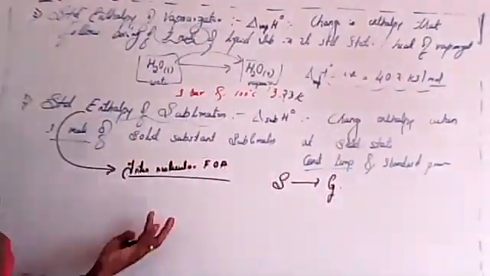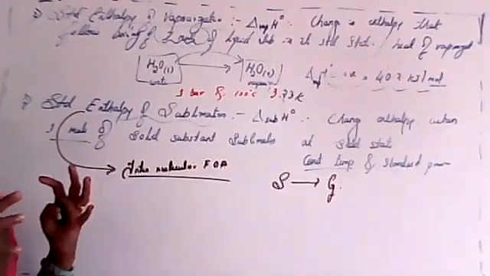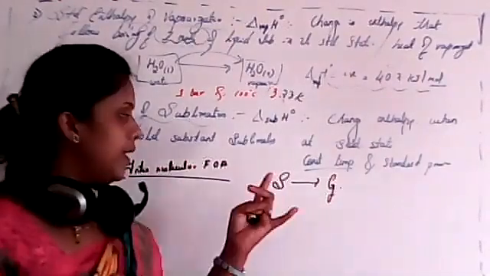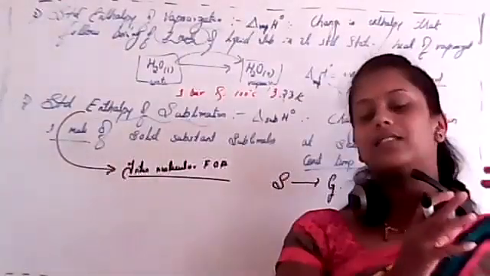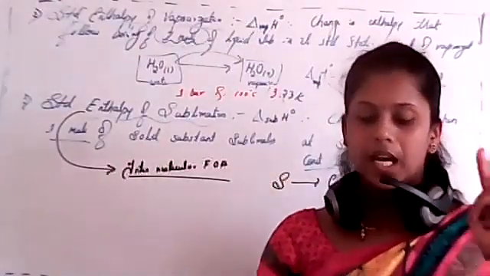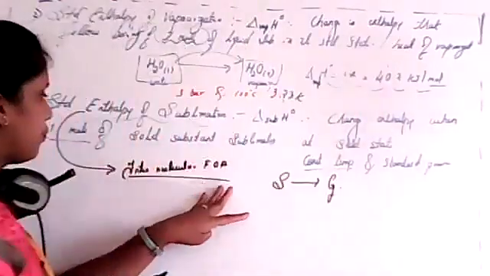But if the intermolecular force of attraction is much stronger, what will happen? Conversion of solid to gas is very difficult. So that's why it depends on intermolecular force of attraction.